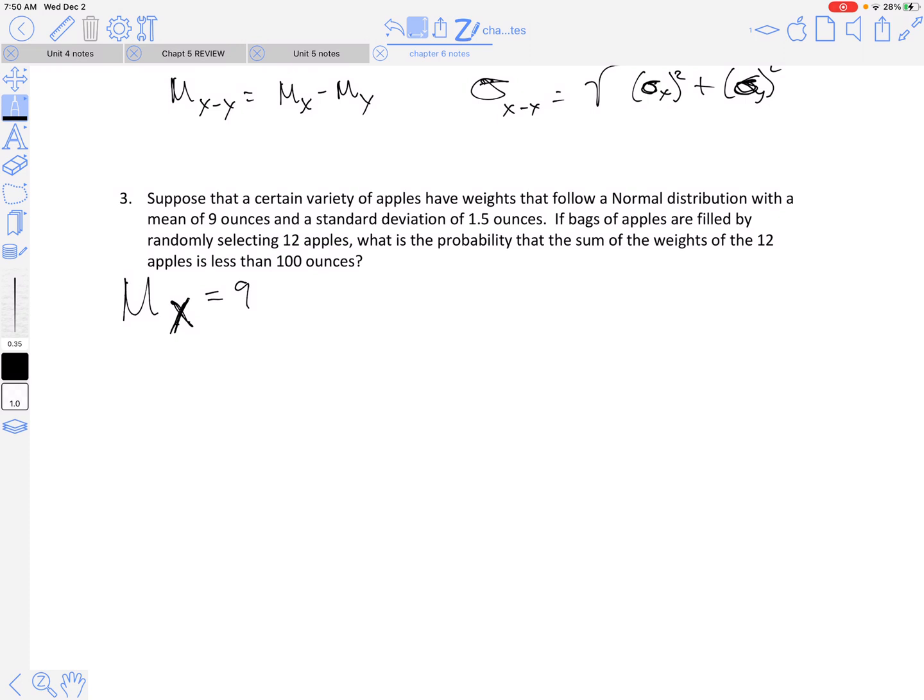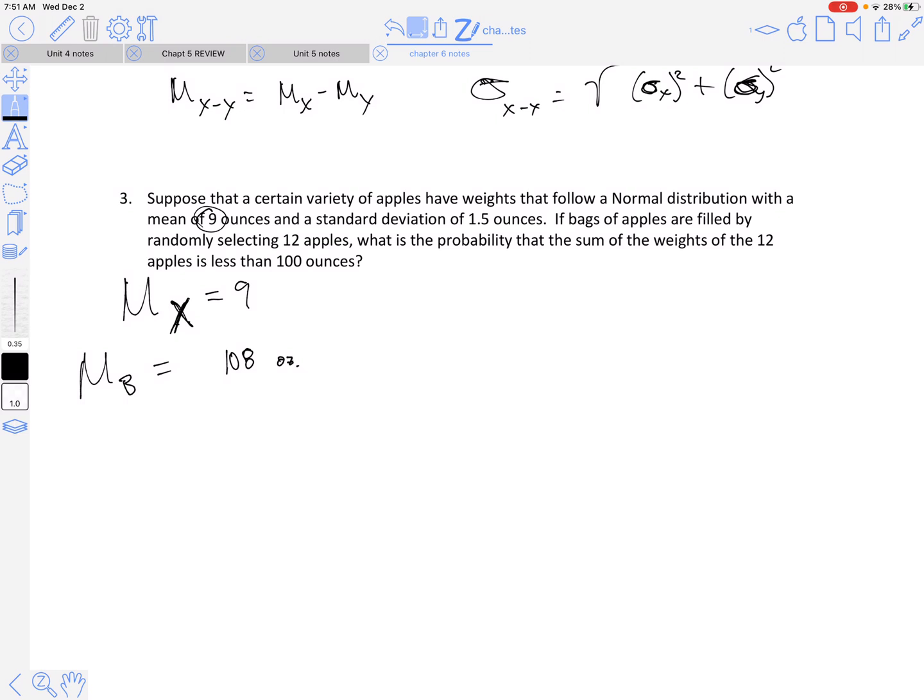So we're going to add 9 12 times, 12 times 9, and we're going to get our new weight of 108 ounces, right? So that will be the mean of the bag, which is adding up all 12 apples. Now remember, we expect the apples to weigh 9 ounces, so that's why we're adding up those 9 ounces.